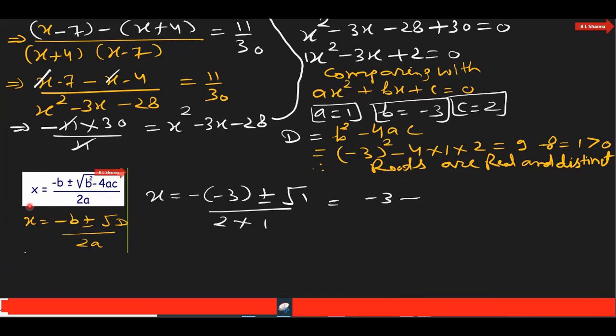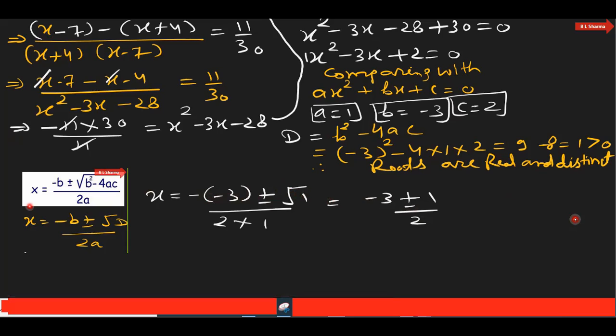So minus 3 plus minus 1 upon 2, because square root of 1 is 1. So we can write further.